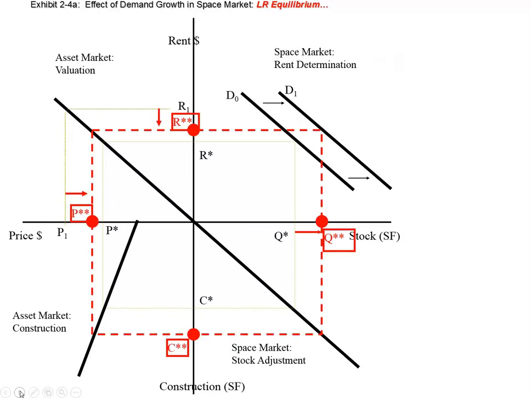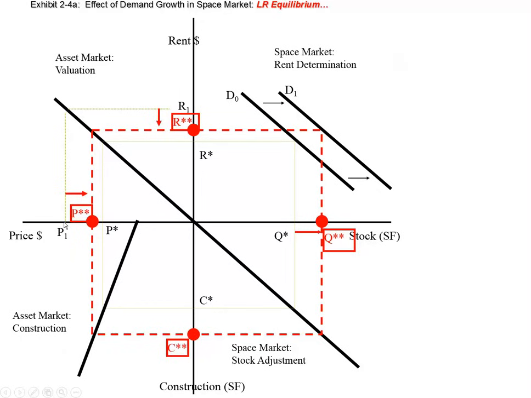Demand increases, forcing rents up at first, reducing vacancy down to 0 perhaps, and the value of the properties initially goes up to this higher level R1.